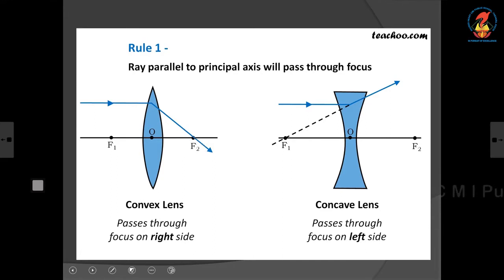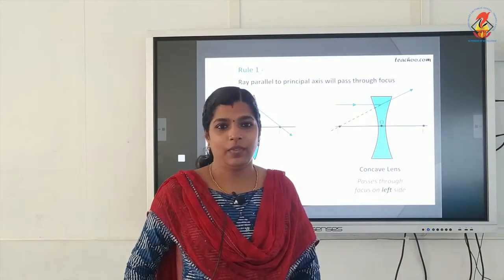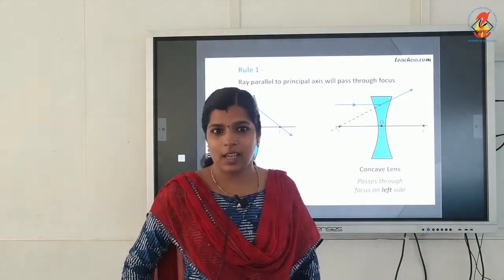A ray of light parallel to the principal axis, after refraction, appears to come from the principal focus on the same side of the lens if the lens is concave.